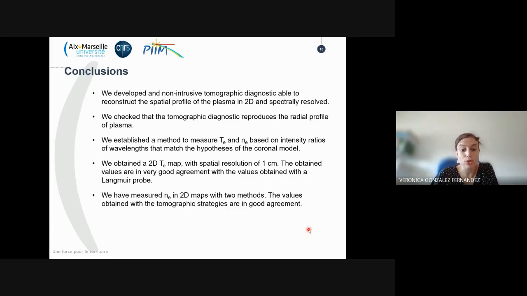We have obtained a 2D electronic temperature map with a spatial resolution of 1 centimeter, and the obtained values are in very good agreement with the values obtained with the Langmuir probe. We have measured the electronic density with two methods, and the values of these methods are in good agreement between them and also with the Langmuir probe.